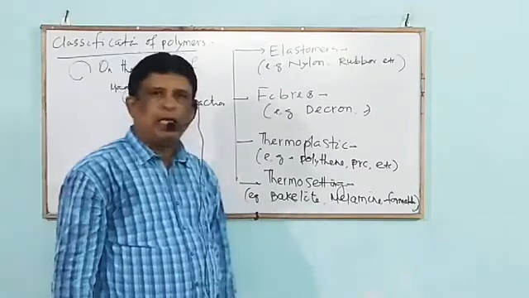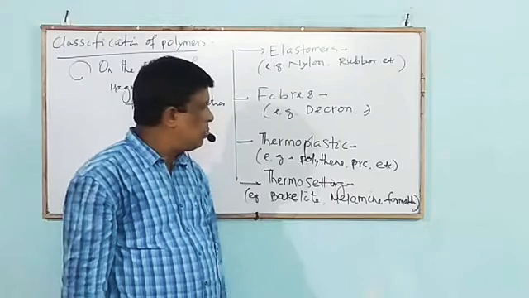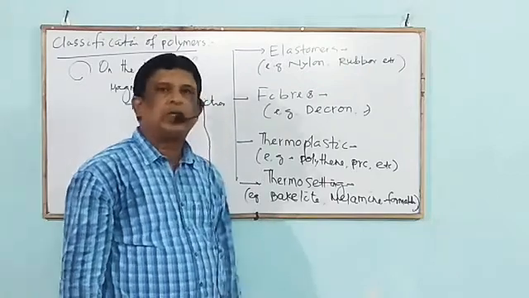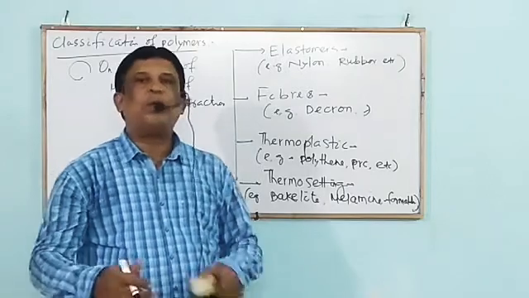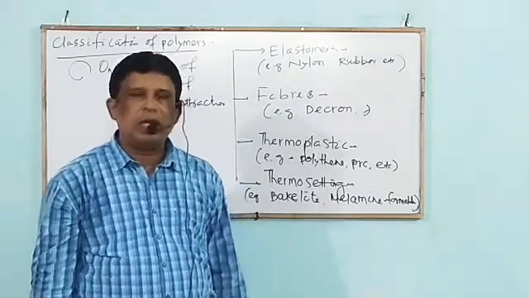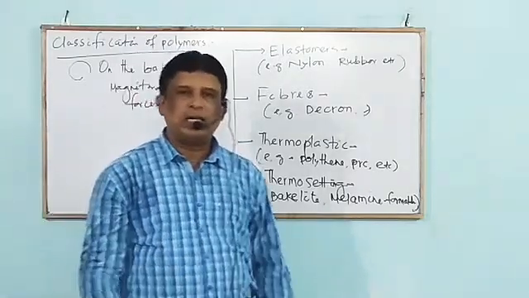Again I repeat, on the basis of magnitude of forces of attraction, polymers are of four types: elastomer, fibers, thermoplastic and thermosetting. Next one is on the mode of polymerization.